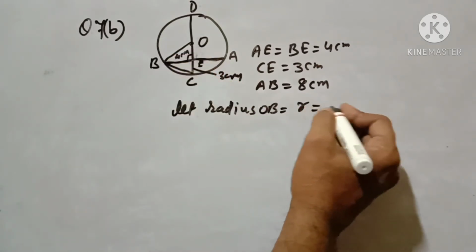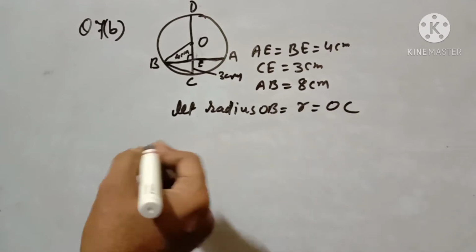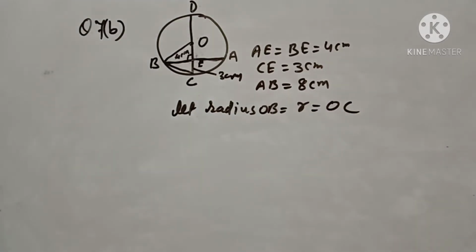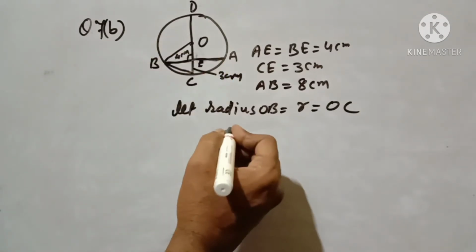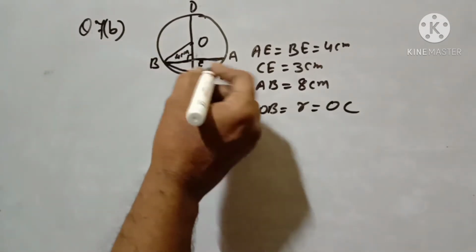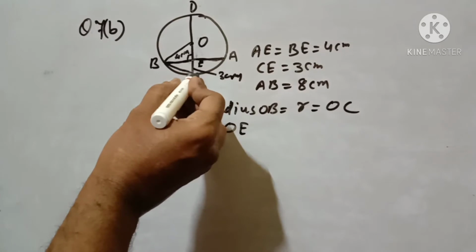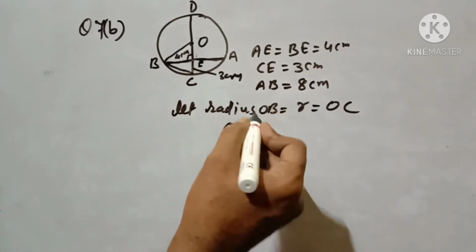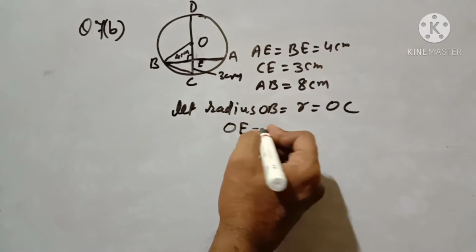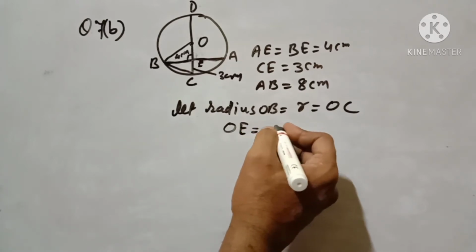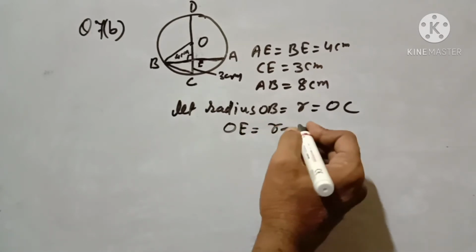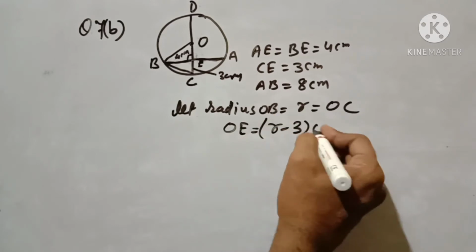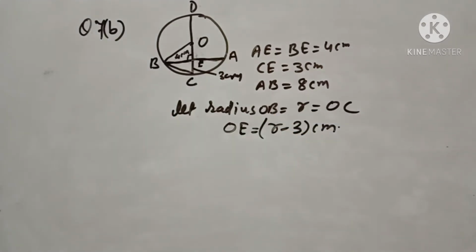Therefore OC equal to also R. Now I have to find OE. So OE equal to what? Because CE equal to 3 centimeter and OC equal to R, therefore OE equal to R minus 3 centimeter.